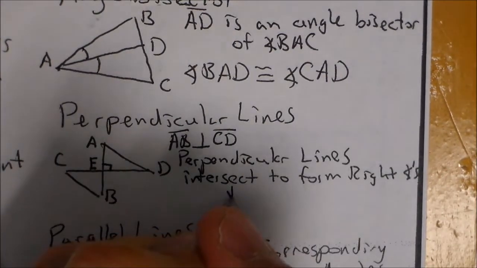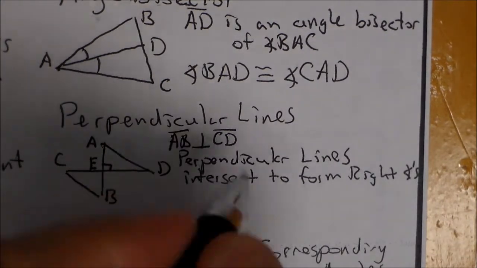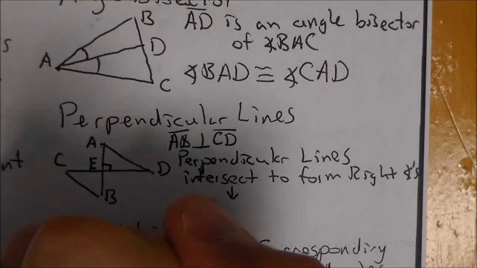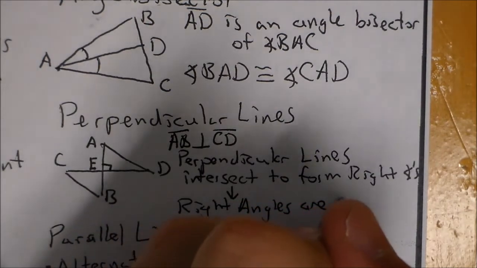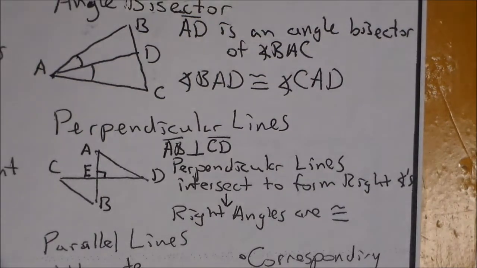Then we also know that right angles are congruent. So you have to state that they intersect, they form right angles, and right angles are congruent, and then that gives you enough information.